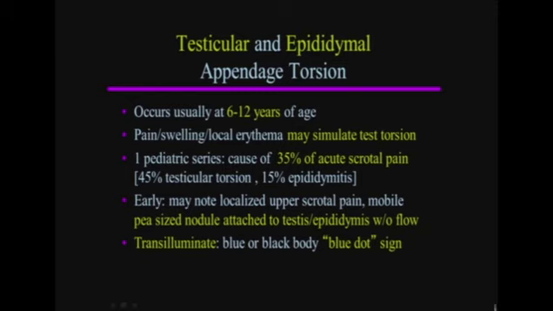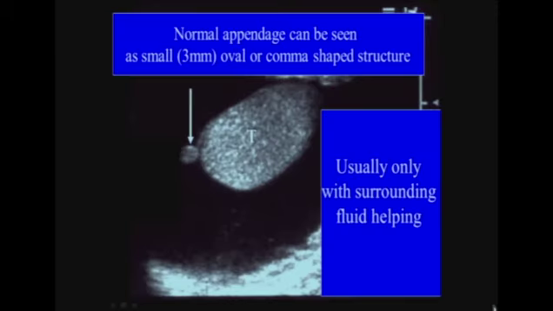The problem is that with time, if one doesn't evaluate the child at the point of early pain, eventually there'll be enough scrotal swelling that one won't know this as a small focal area of concern, and the patient will be seen by you with a scrotum that looks the same as the scrotum you would have to be concerned about for actual testicular torsion and not torsion of an appendage.